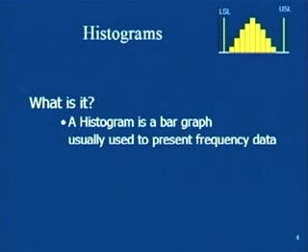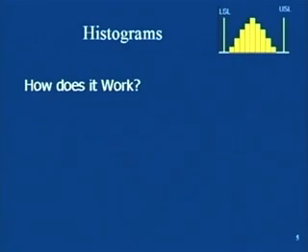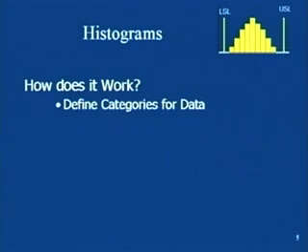The first tool in this category is the histogram. What is it? A histogram is a bar graph usually used to present frequency data. How does it work? We define categories for the data. If we have a lot of data available, then we define the categories.